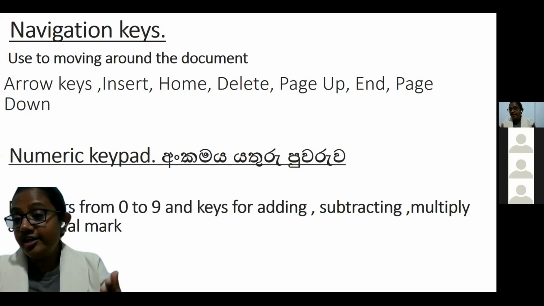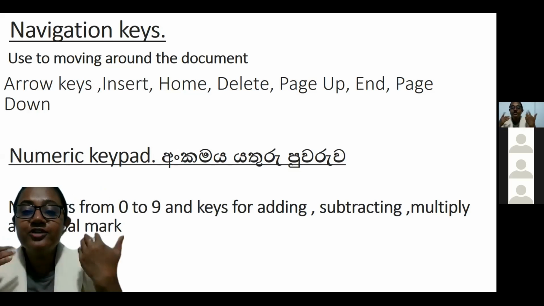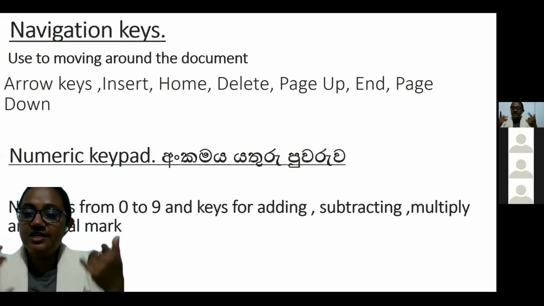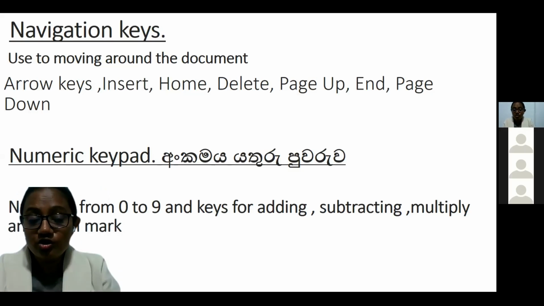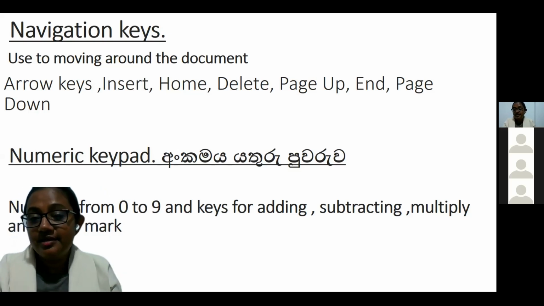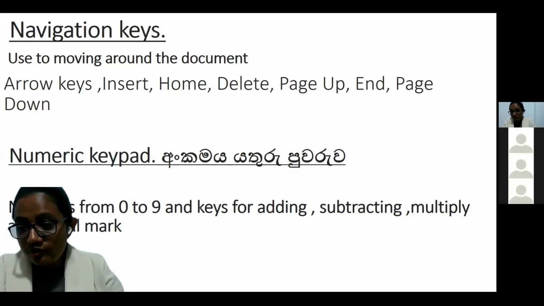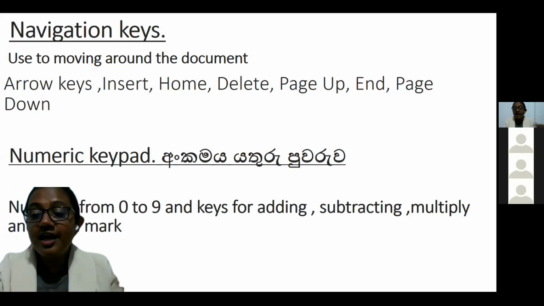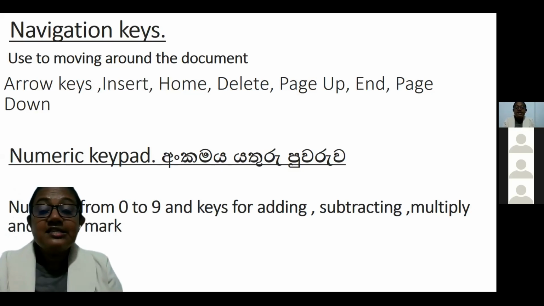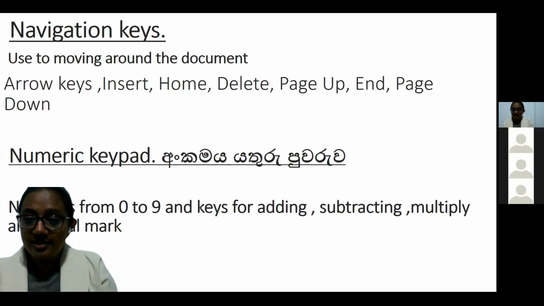If you are creating a book with 100 pages, if you want to go to the first page, you can use Home. If you want to go to the last page, you can use End. If you go to the next page, you can use Page Up. If you want to go to the previous page, you can use Page Down. Likewise, there are some keys we use to navigate around the document.